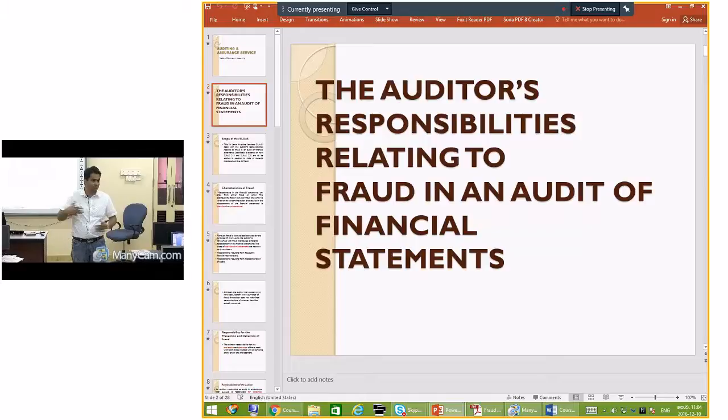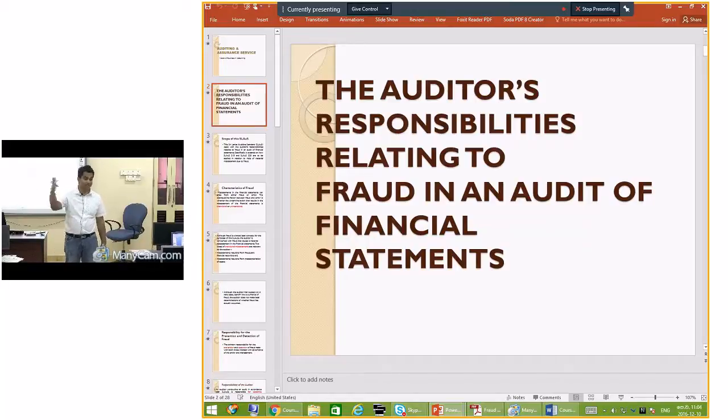Sometimes you have to revisit your work. Why? That client will be a risky client now. If this is wrong, then the other areas may also be wrong, so we have to revisit and extend the audit procedures. If it is employee fraud, then no issue, because there is no need to revisit your audit workings.